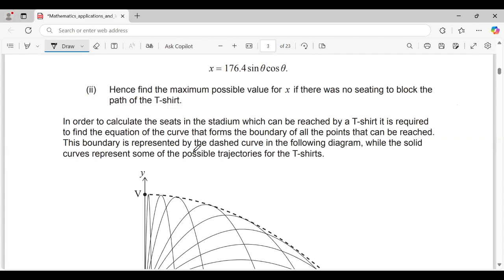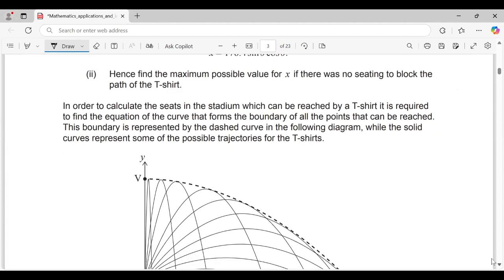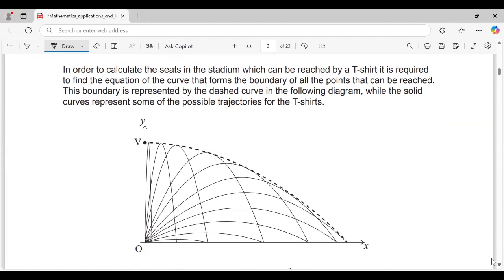This boundary is represented by the dashed curve in the following diagram, while the solid curves represent some of the possible trajectories for the shirt. This is the diagram.